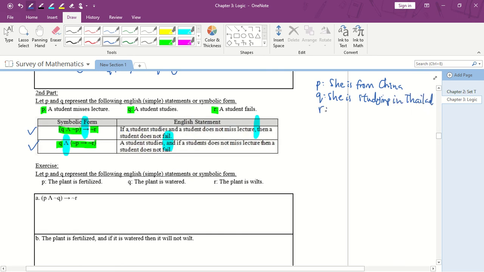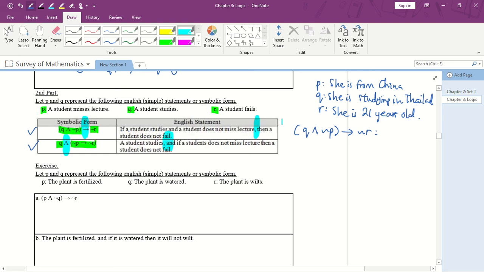And R, I would say she is 21 years old. Okay, now we need to think about it now. How can we write it? If you want to write in the form of Q and negation P to negation R, so how are we gonna write it?